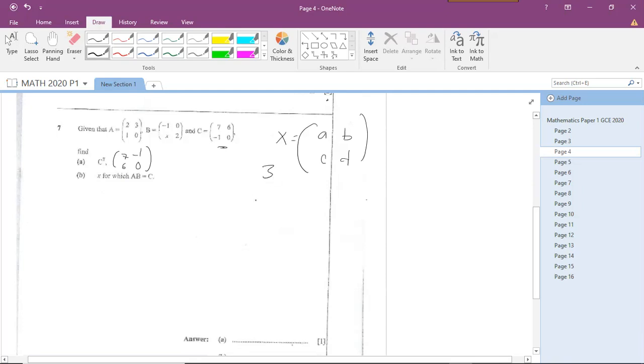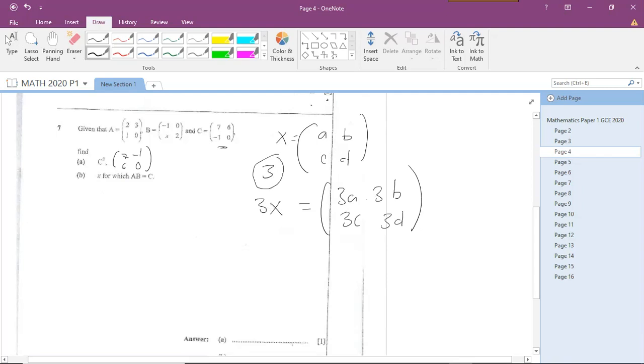So maybe they can say, what is 3X? This 3 is going to multiply all these elements in this matrix X. So it would be 3A, 3B, 3C, 3D. So that's how you multiply a matrix by a scalar. All these elements are going to be multiplied by that scalar factor.